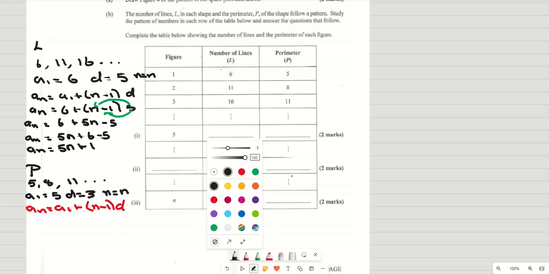Let me put this formula in red to show how important it is. AN is equal to A1 plus open bracket N minus 1 times D. Wherever you see N, you leave it as N, A1 is 5, D is 3. So AN is equal to 5 plus open bracket N minus 1 times 3.